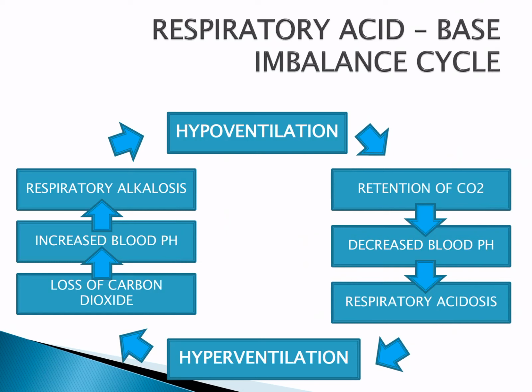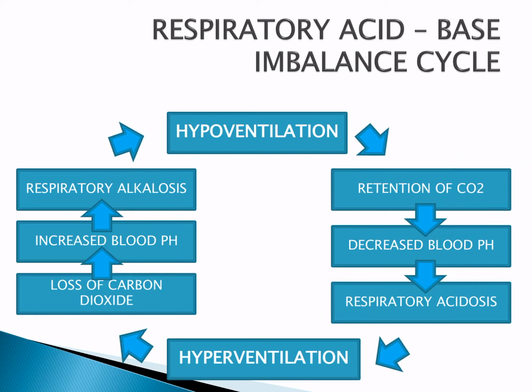Then if there's retention of carbon dioxide, there is decreased blood pH. Okay? Meaning, if you have decreased blood pH, you will be experiencing an acidotic state or acidosis. Then the patient will experience respiratory acidosis.